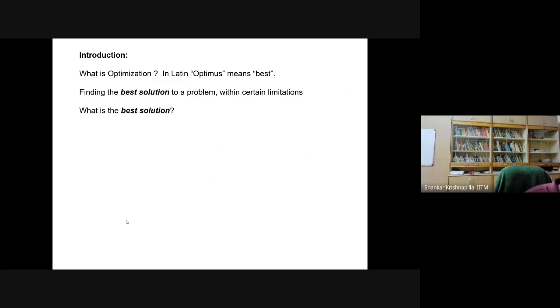So first we'll go to introduction of optimization. What is the meaning of optimization? It comes from the Latin word optimus, which means best. So optimization in engineering means finding the best solution to a problem within certain limitations. What is the best solution as per optimization?